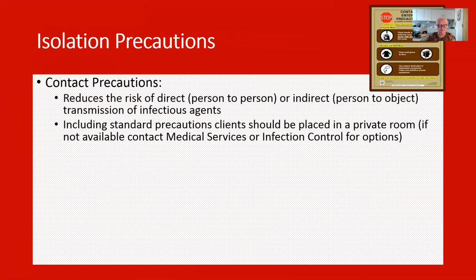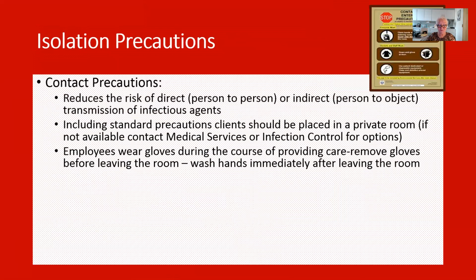If not available, contact medical services or infection control for options. Employees need to wear gloves during the course of providing care, remove gloves before leaving the room, and wash their hands immediately after leaving the room. Avoid touching any contaminated surfaces.